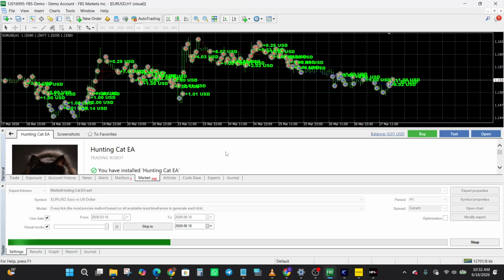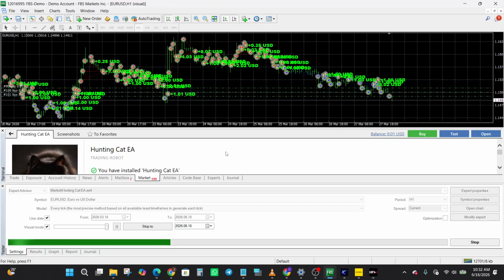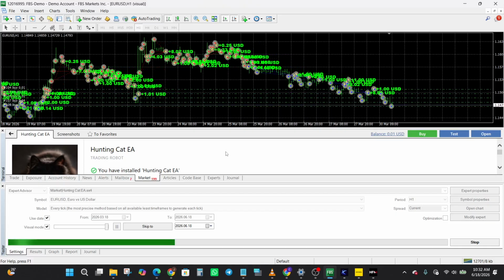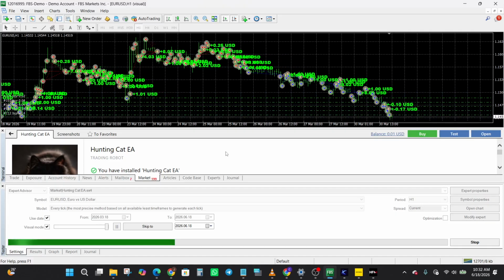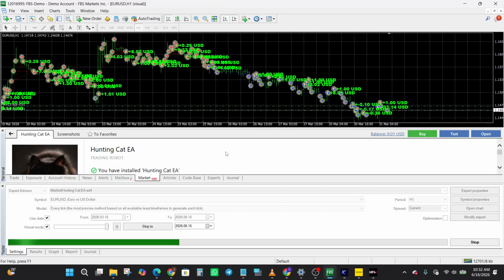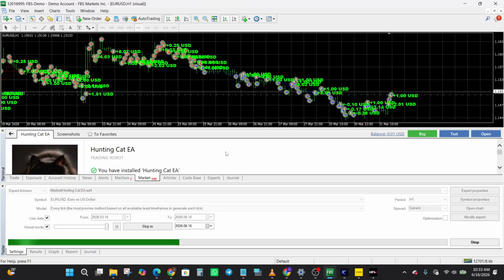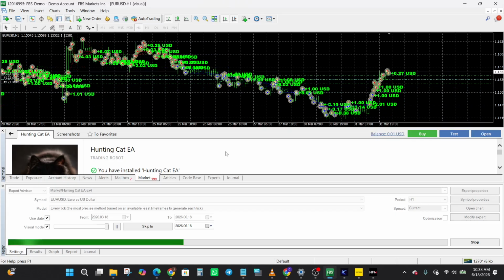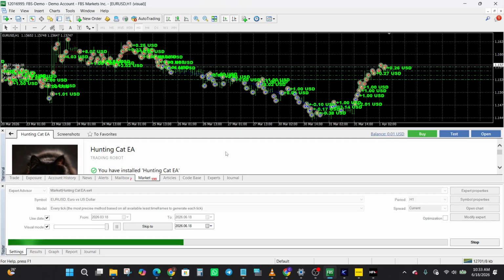As with any grid-based approach, settings such as grid distance, take profit targets, lot sizing, and maximum order limits can have a significant impact on historical performance. Small adjustments to these parameters may produce very different results during testing.